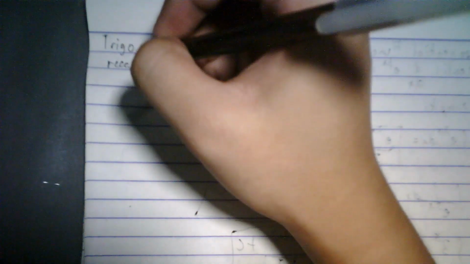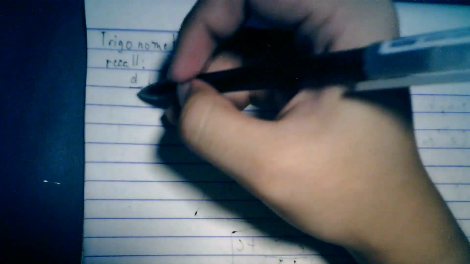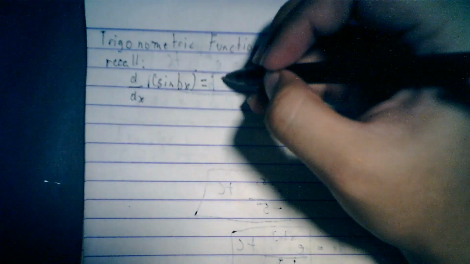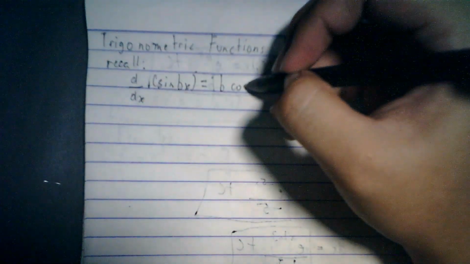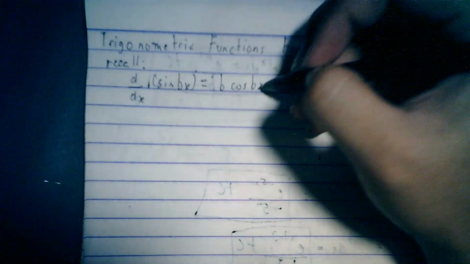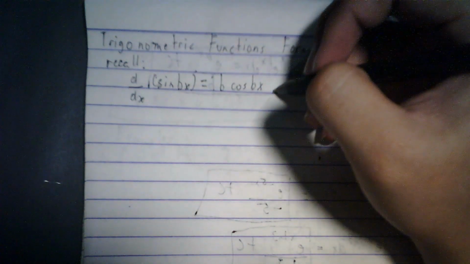So first, recall, the derivative of sine bx is just equals to b cosine of bx.